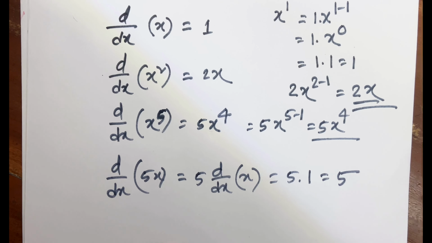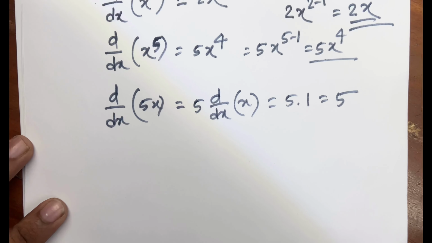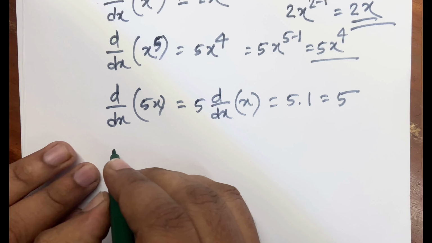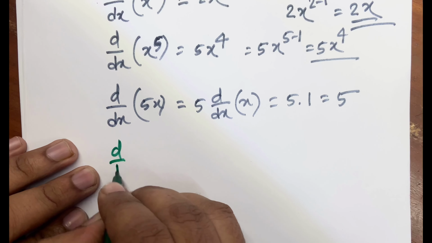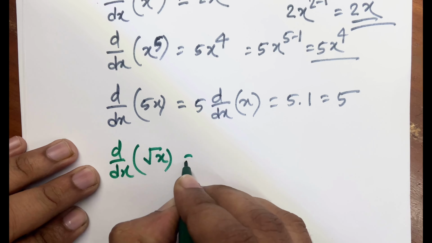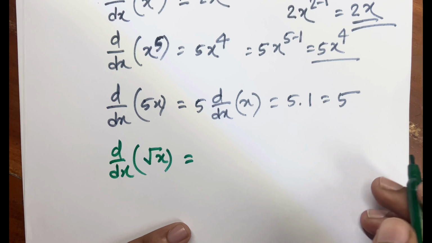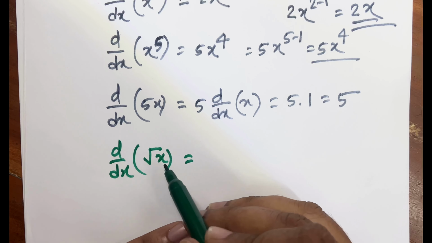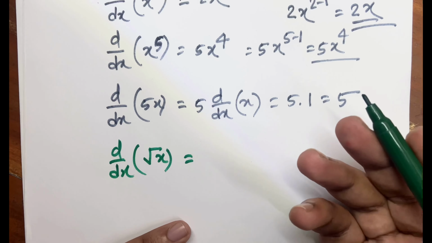Okay, now d/dx of root over x. So what is the value of root over x? We know that root over x is equal to x to the power half.